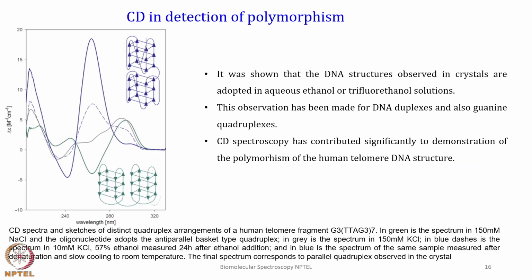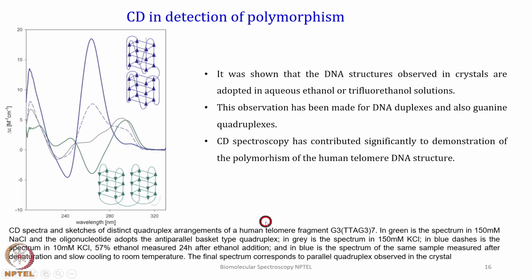Now, since we understand different conformations, one can use CD to detect the polymorphism present in any DNA sequence. It was shown that for the DNA structure observed in the crystal, crystallization is required for solving the structure, and when you crystallize you can see that different kinds of conformation are adopted, by ethanol or TFE. These observations show that DNA duplex and also guanine quadruplex are present.